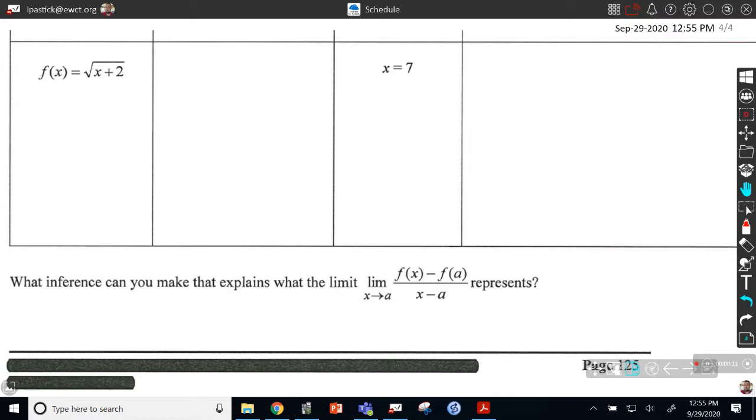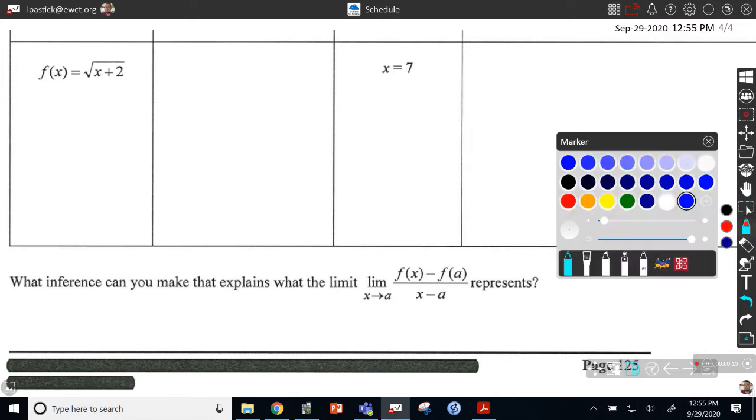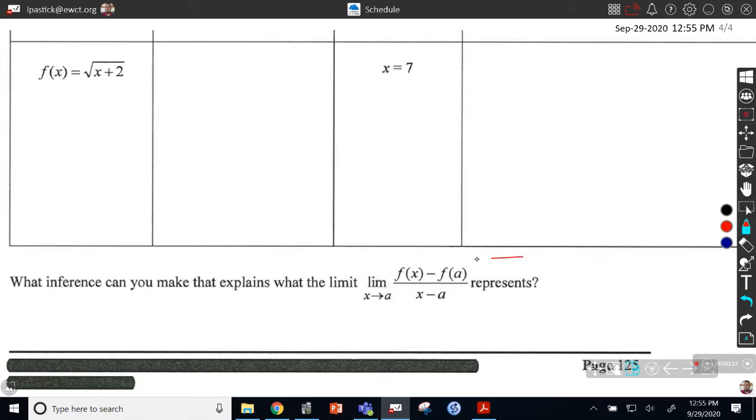By the end of this video, the goal is to hopefully come up with some meaning for this big old funky looking expression down here. So we're going to try and figure out what it means for the limit as x approaches a of f of x minus f of a over x minus a. What does that represent?